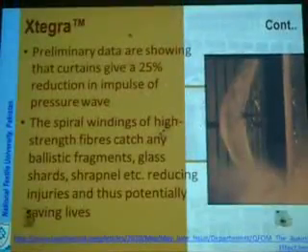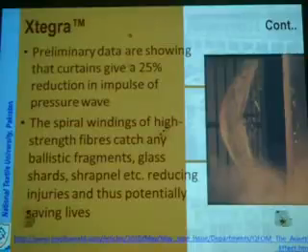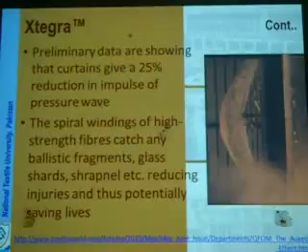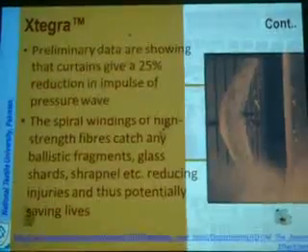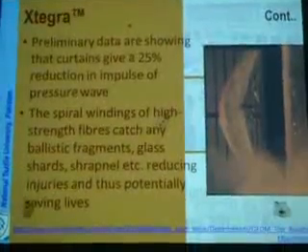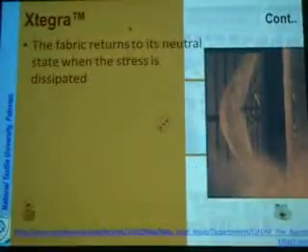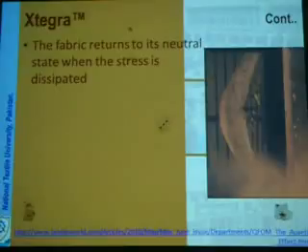Preliminary data are showing that curtains give a 25% reduction in impulse wave pressure. The spiral windings of high strength fibers catch any ballistic fragment, for example, glass shards, reducing injuries and thus potentially saving lives. The fabric returns to its usual state when the stress is dissipated.